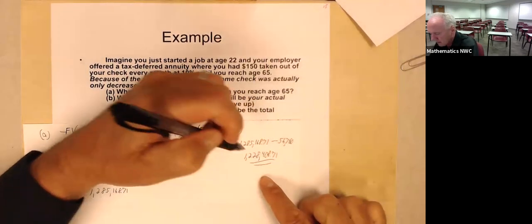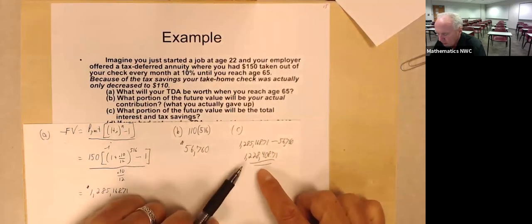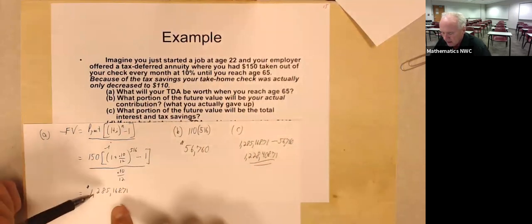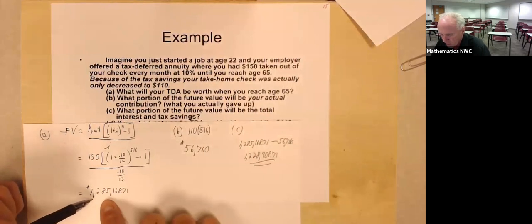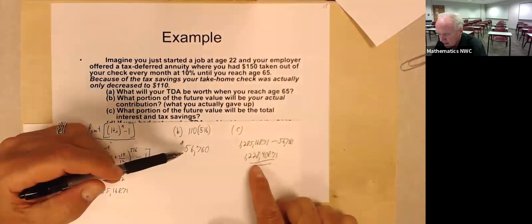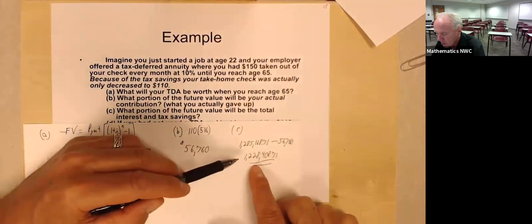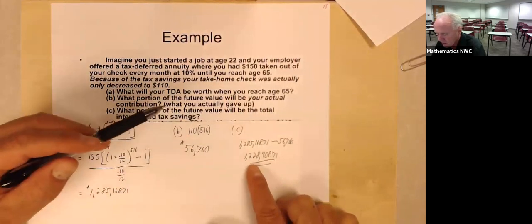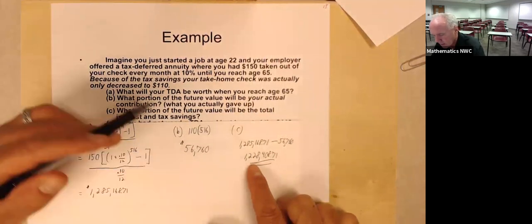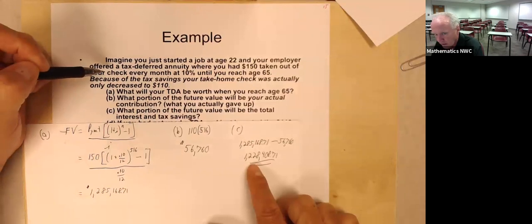This amount is pure interest and tax savings, because this is the amount the future value was worth. This is what I contributed. Everything else is money that was just being made for me. I didn't have to work for it. $1.228 million. Again, this is an example of the real power of the annuity.